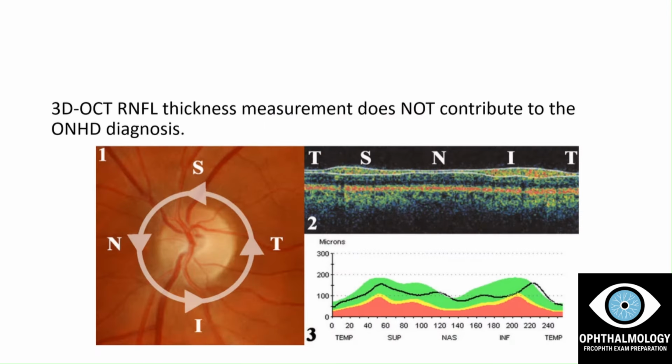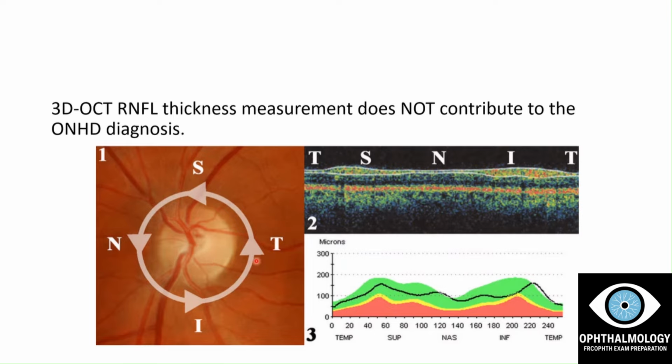Usually, the RNFL thickness map does not contribute to the ONHD diagnosis. It's more valuable in papilloedema, where we use it to trace the progression or regression of papilloedema, but in optic nerve head drusen, usually it shows normal thickness, because this circle in 3D OCT scans has a diameter of 3 millimeters, and the optic disc diameter is only 1.5 millimeters.